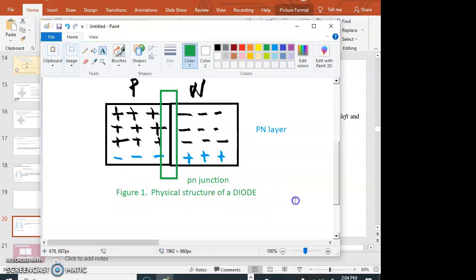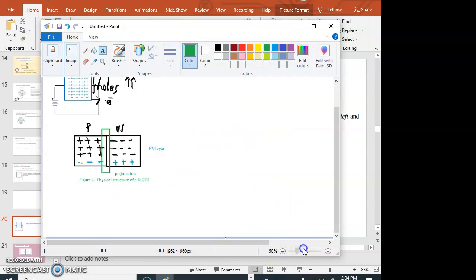And next, if I'm going to draw now the schematic diagram of the diode, you'll have it like this. So you have a straight vertical line, you have a triangle, and then you have the bar.